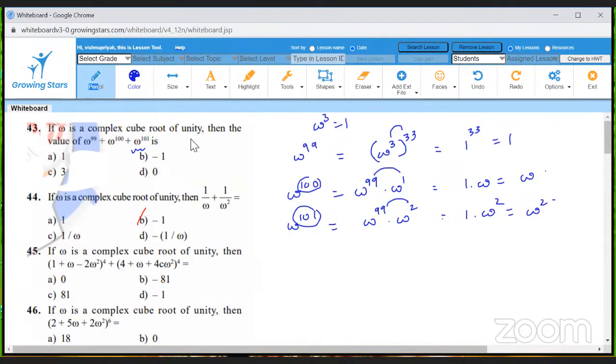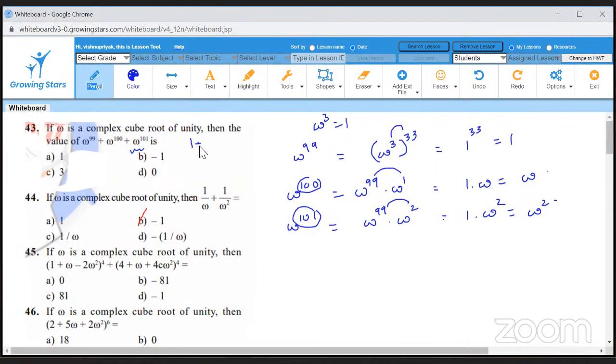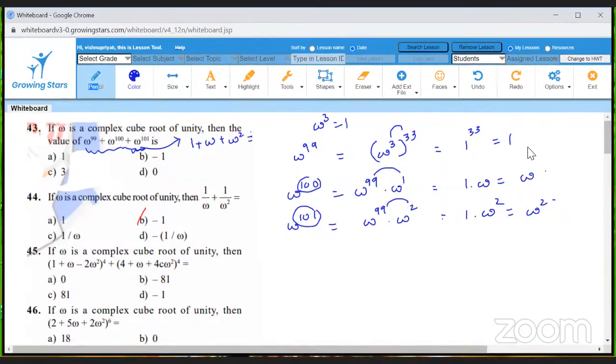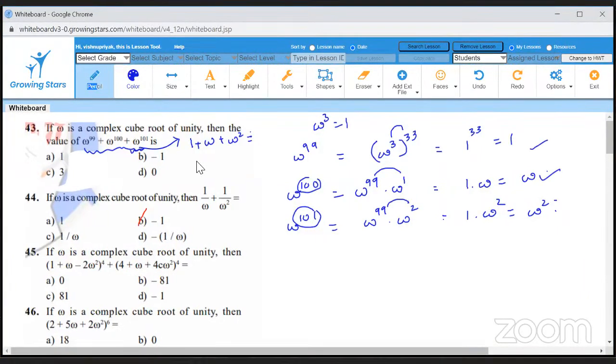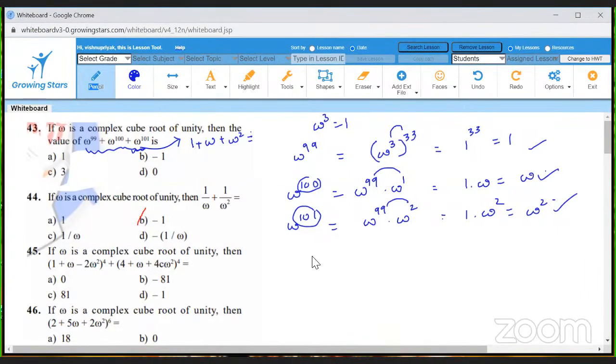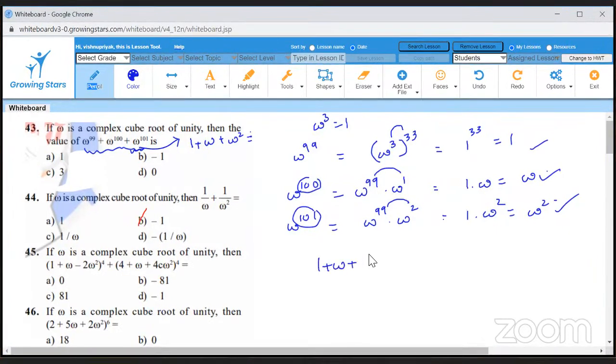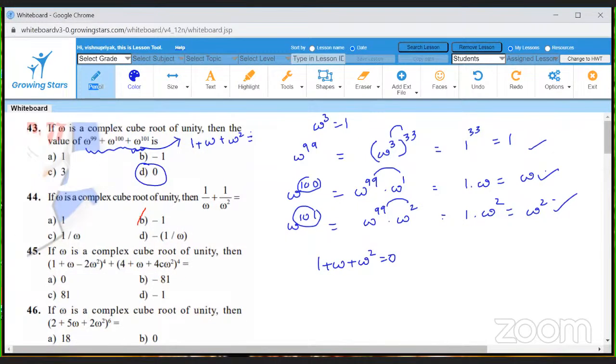So they are asking, what is 1 plus omega square equal to? This became 1, omega square. And already we have a formula: 1 plus omega square is minus omega, and with the sum, the answer will be 0. Like this, you try these problems. Tomorrow we will see the answers. See you, meet you tomorrow.